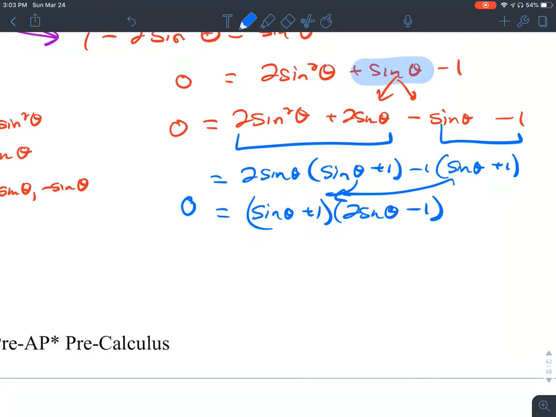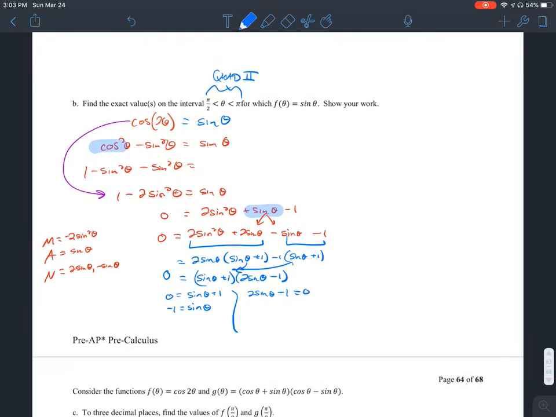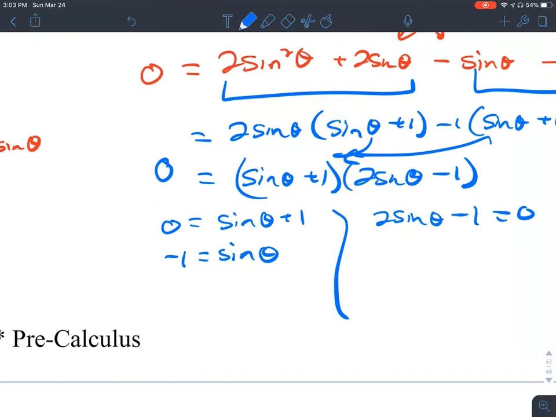If I set each factor equal to 0, I'm going to get 0 equals sine of theta plus 1, and 2 sine of theta minus 1 is 0. I get negative 1 equals sine of theta, and when does sine of theta equal negative 1?